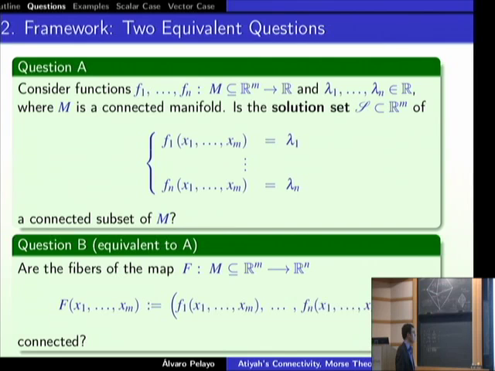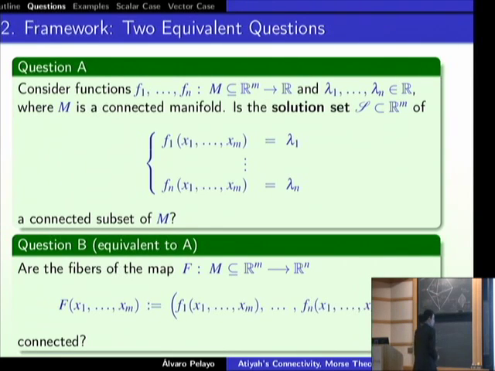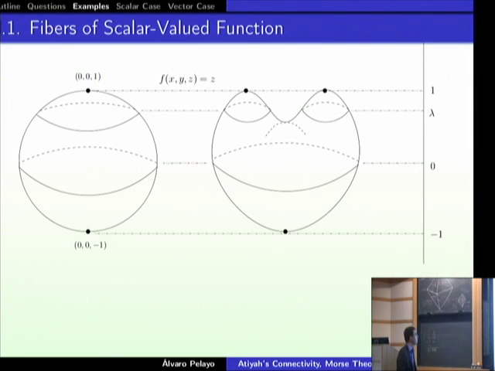Okay, so the question is equivalent, and this is the question that I want to discuss, which is equivalent to the previous one. Okay, so there are two cases that you can consider. One of them is when n is equal to 1, and the other one is when n is greater than 1. Okay, so I'm going to discuss first the case where n is equal to 1.